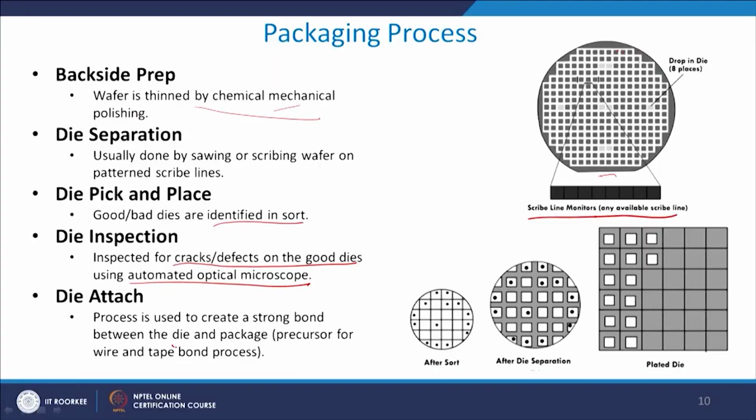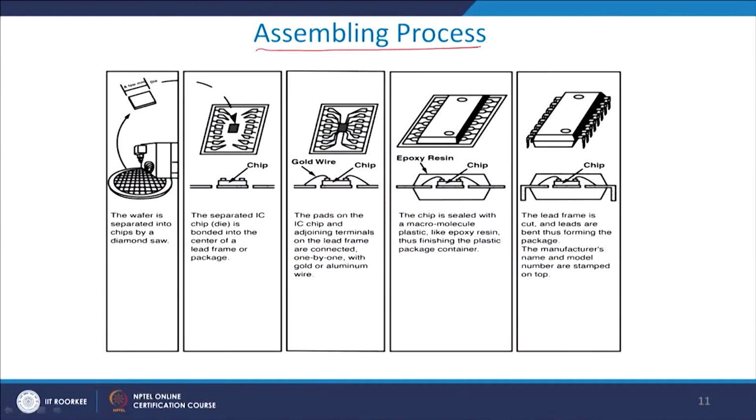You also have to have a good process to attach your die to the package, and therefore there are techniques of doing packaging and dicing to a larger extent, and this is quite an important step by which you can process these dies. As I discussed with you, let me just give you a brief of the assembly process.